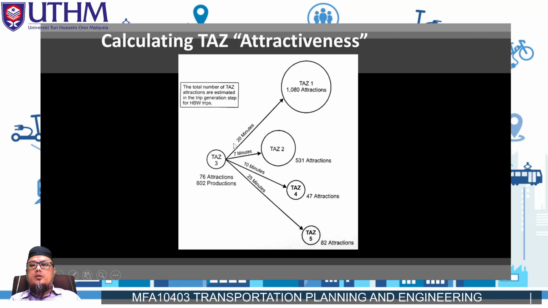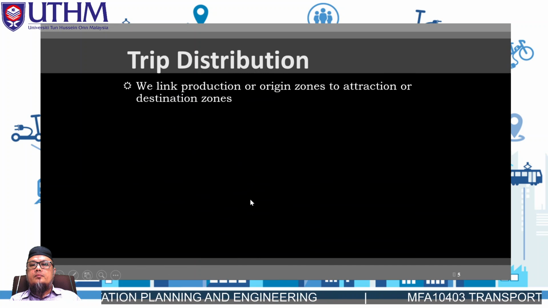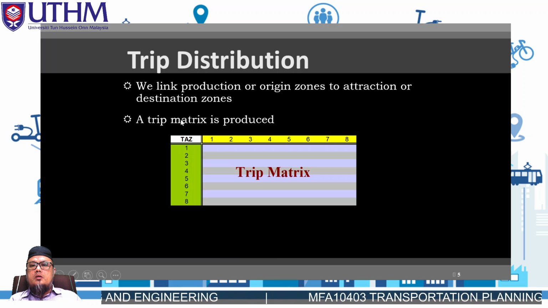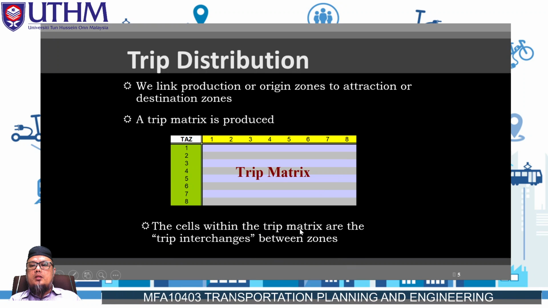They have travel times and also trip numbers. This one has production numbers. So we link production or origin zones to attraction or destination zones. A trip matrix is produced. So we just tabulate the zones into this one and this one. The cells contain the trip interchange between zones.